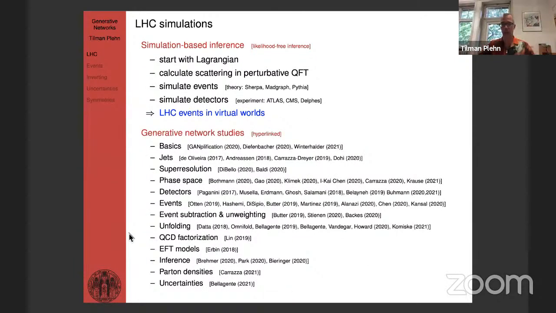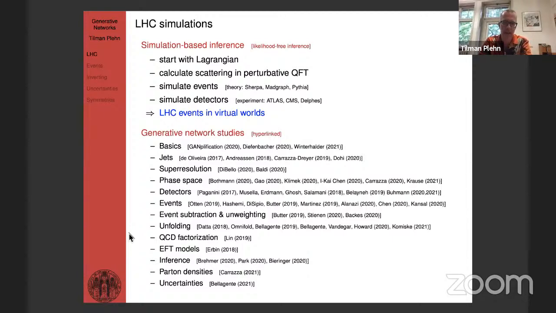I'm not going to talk about all the stuff that has happened in the last year or two, even on generative networks. This is just a hyperlinked list of papers if you want to look and understand what's happening in the field. Here's a bunch of papers, starting from fundamental basics of machine learning, where particle physicists are by now trying to contribute something useful, to jets, super resolution.